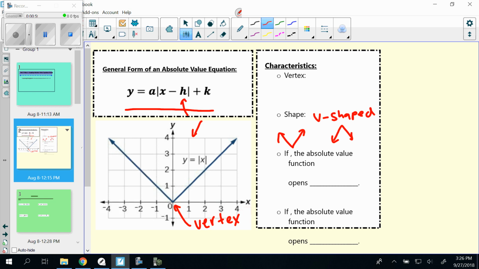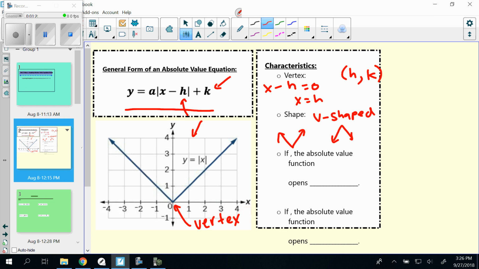So the h, to get that, it's always whatever makes it equal 0. So when you have this x minus whatever in there, if you set it equal to 0 and solve it, that's going to be what your h is. So h is going to be the x value of that point. The y value of that point is going to be whatever k is. So (h, k) is your vertex.